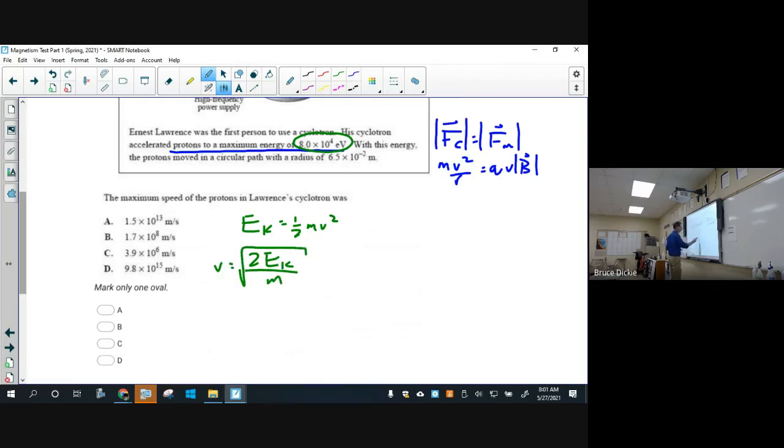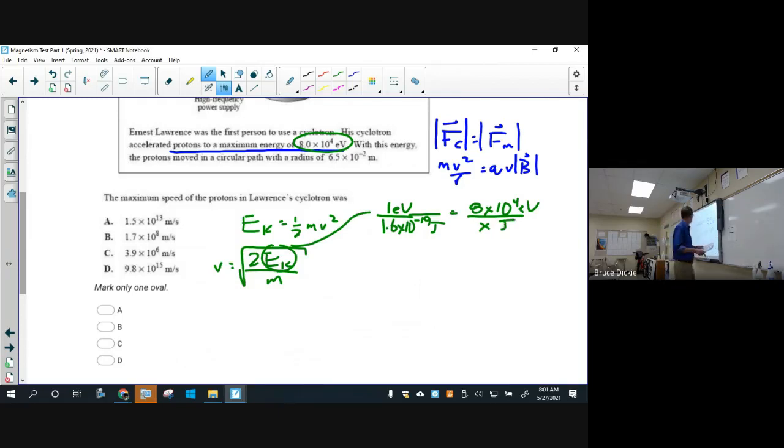Now, the only other thing is that we have the kinetic energy given to us in electron volts, and we have to find the kinetic energy in joules. So we're going to say 1 electron volt is 1.6 times 10 to the minus 19 joules. Remember how to do this, right? Conversion factors on your data sheet. 8 times 10 to the 4 electron volts equals x joules.